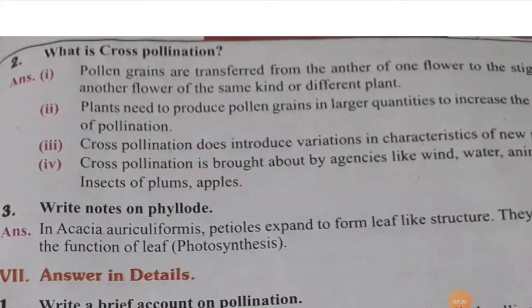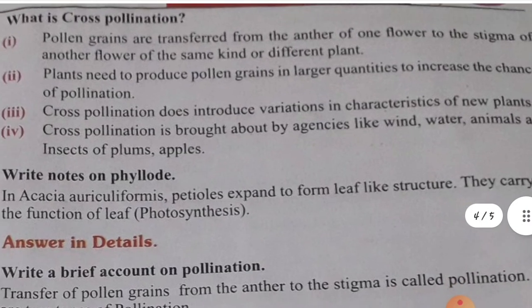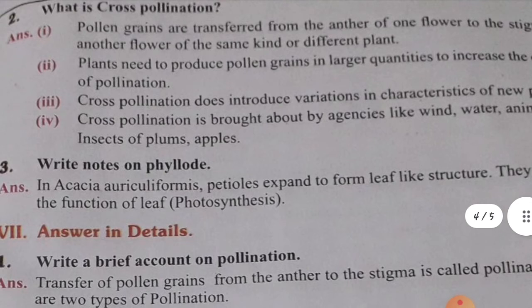Okay, children, this is your second question. What is cross-pollination? You know already, children, example, papaya. So first write the definition of cross-pollination, children. First point, pollen grains are transferred from the anther of one flower to the stigma of another flower of the same kind or different plants. That is called cross-pollination.